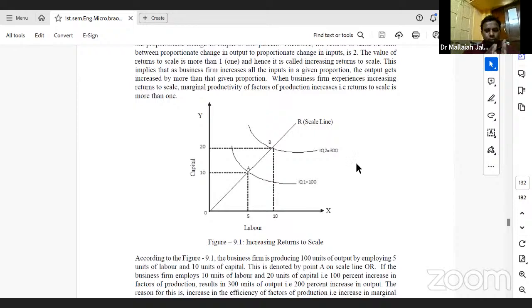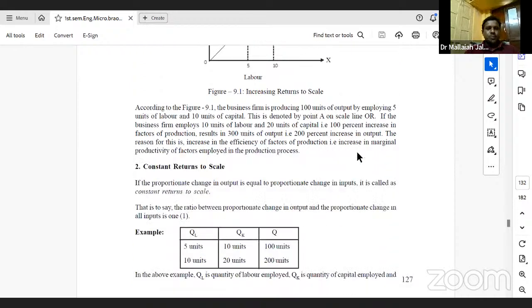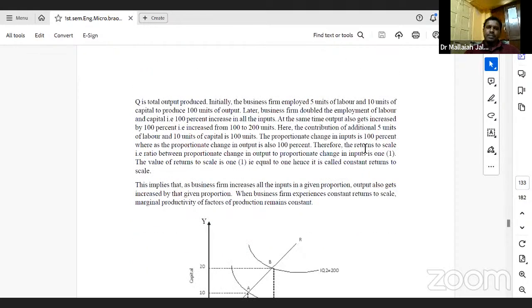That is clear, one side. So increasing returns means with the help of capital and labor, output is increasing. Simply we can say that output is increasing. The another one is constant returns to scale.